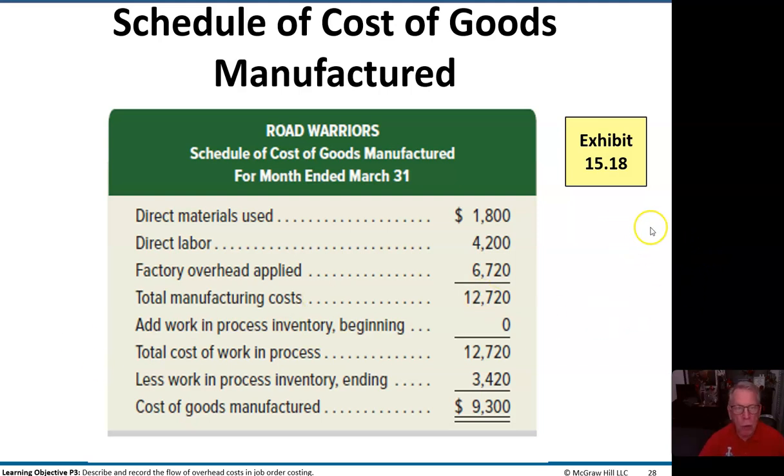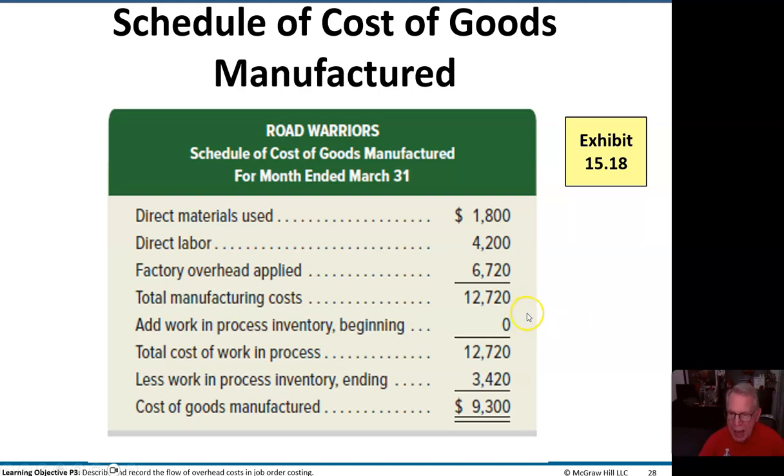And here we start off with the direct materials that we used, direct labor, and the applied factory overhead based on the predetermined overhead rate. And that gives us our total manufacturing costs.